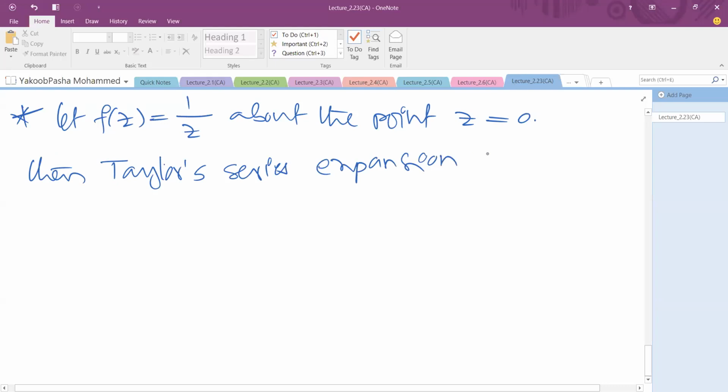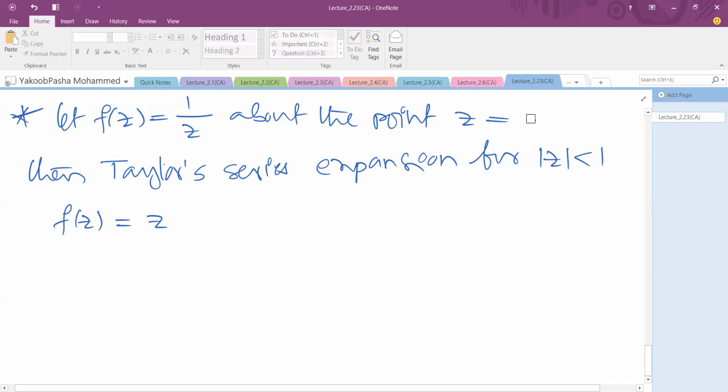Taylor series expansion for modulus of z less than 1. So we can write f of z is equal to... I'm sorry, I'm not taking this one.